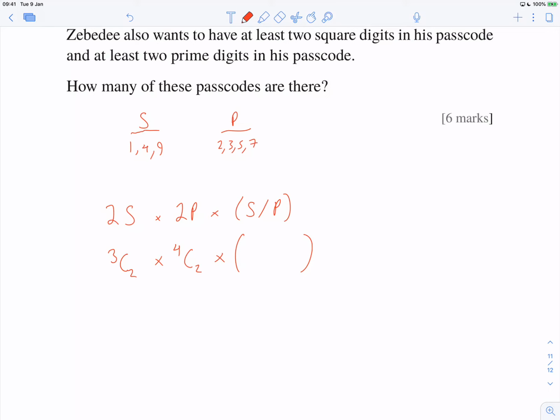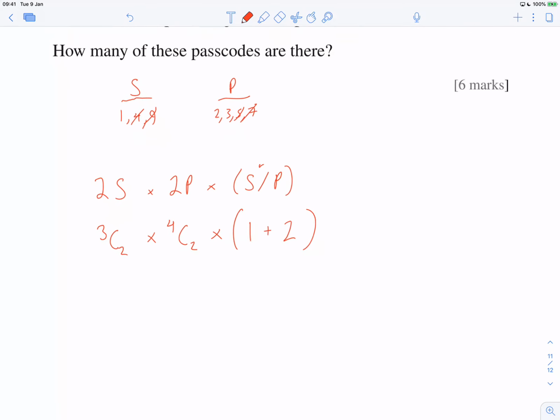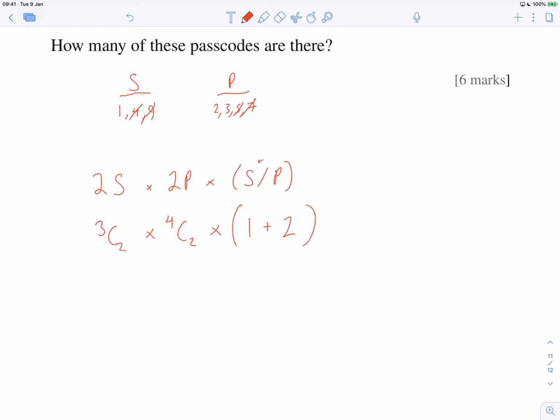Now think about it. If I've taken 2 of the squares already from the previous bit, there's only 1 square left. And then the OR is like the total coverage, so think about it. I've taken 2 primes already. There's only 2 numbers to choose from, so that must be a 2. So what I've actually got is 3 choose 2 times 4 choose 2 times by 1 plus 2, which is 3.